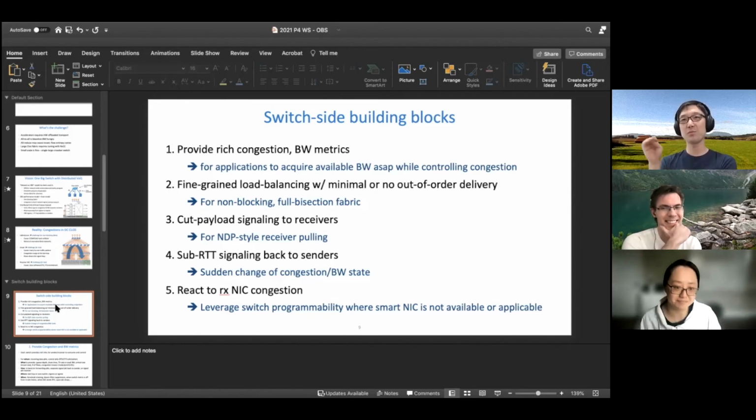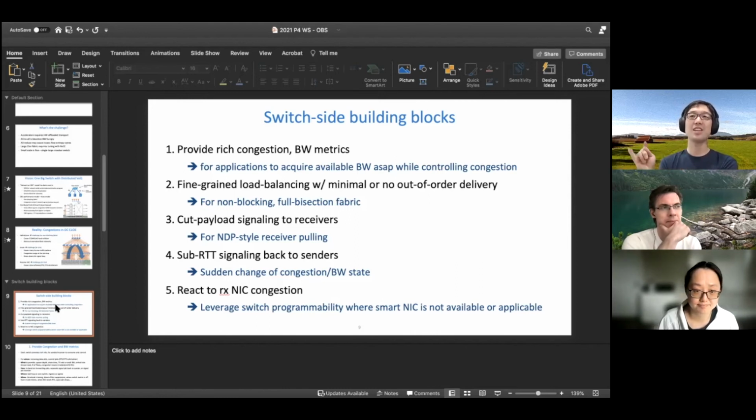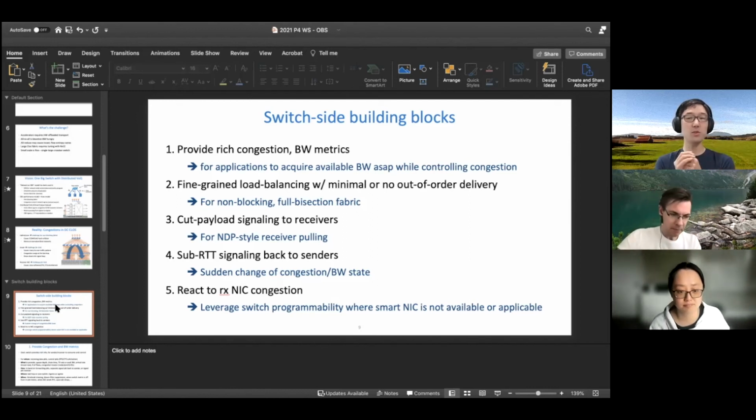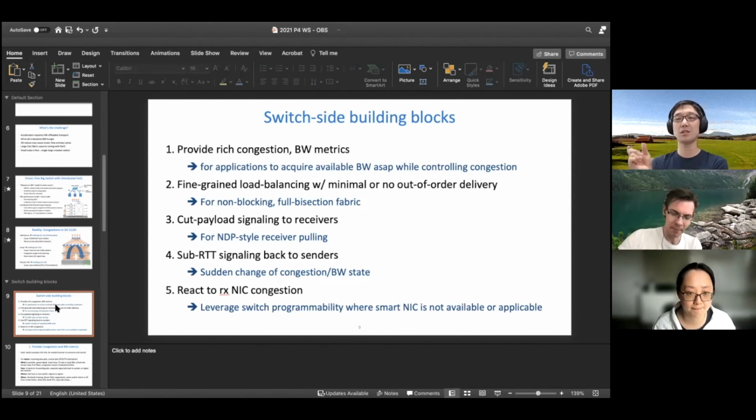And even if multiple ECN markings happen, the receiver RoCE NIC kind of filters them out like a low-pass filter, and the sender can react to the ECN congestion signal around once per RTT. It doesn't really give you very instantaneous congestion information when the link state changes very fast, especially with incast.